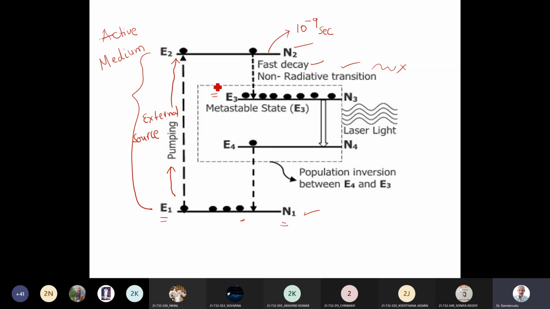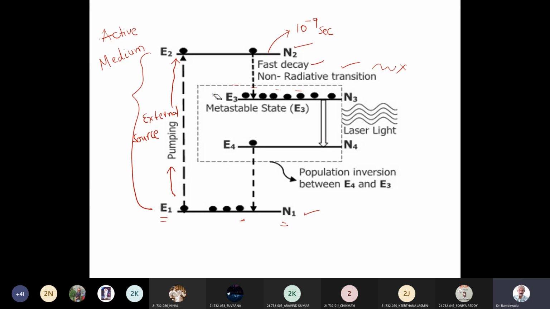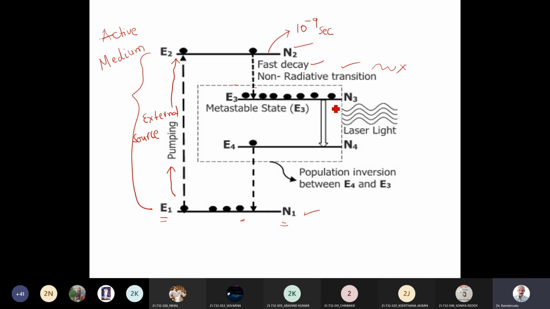So this is the population inversion between E3 and E4. Once the population inversion is there, the atom tries to fall down, and gives you a laser light.